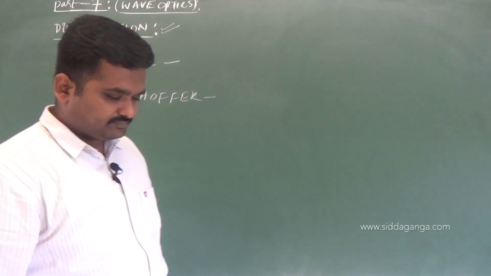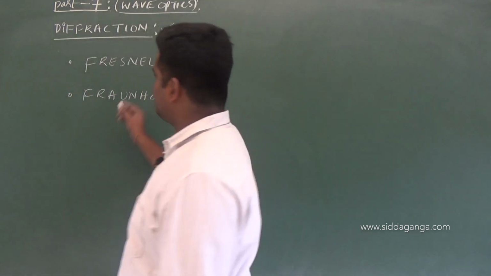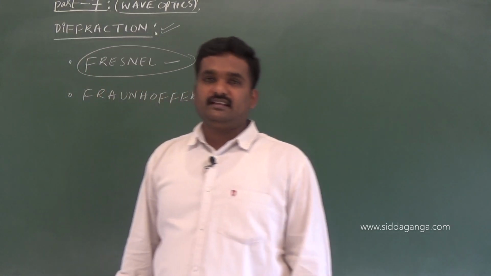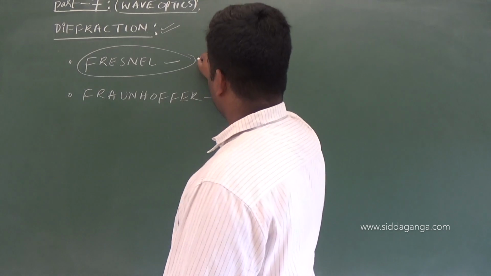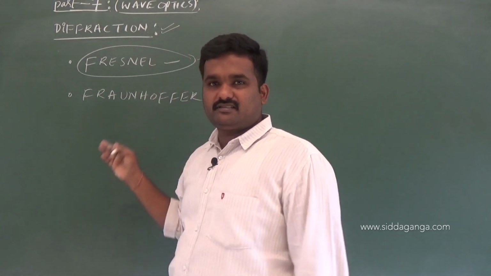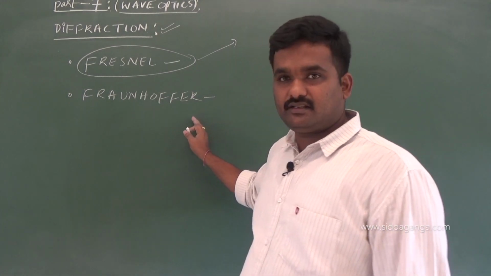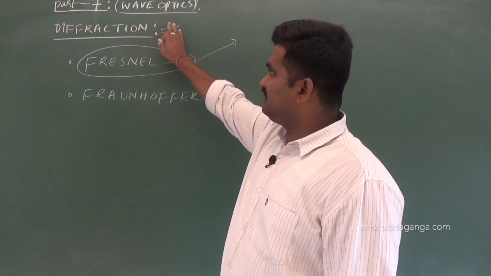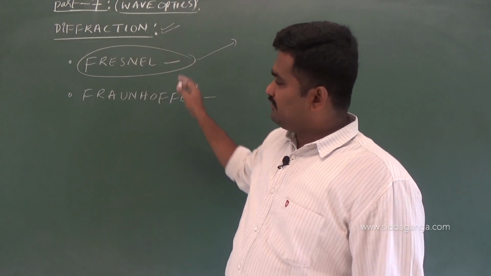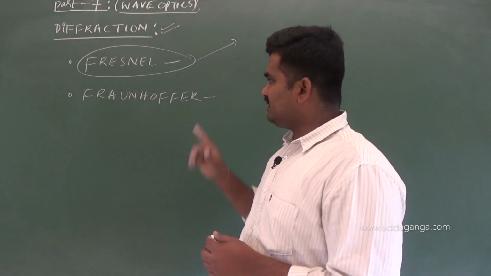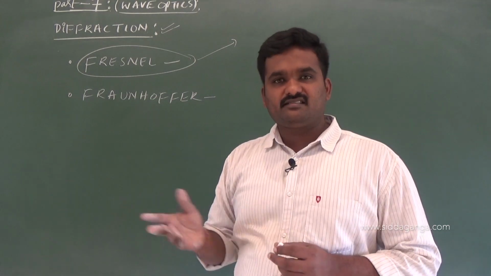In this, Fresnel's diffraction is a bit complicated to analyze. It is not so easy. We need to understand the small differences between these two. What do you mean by Fresnel diffraction and Fraunhofer diffraction? In this topic, we need to discuss Fraunhofer diffraction, which we study at a single slit.